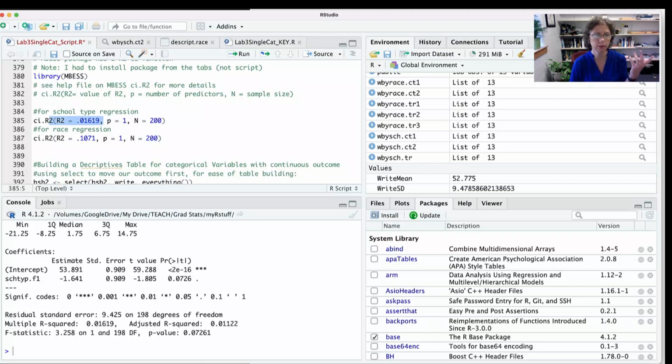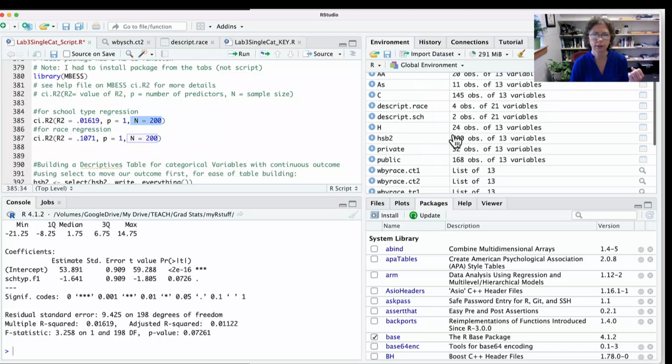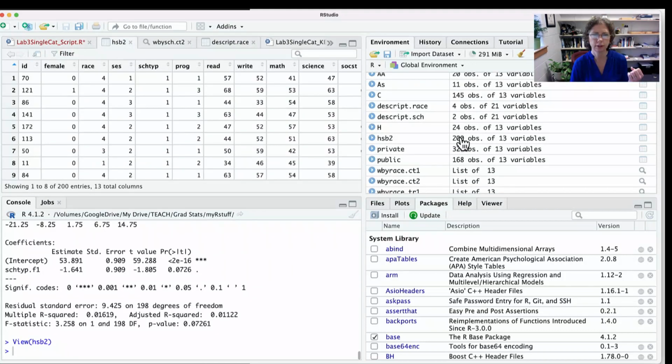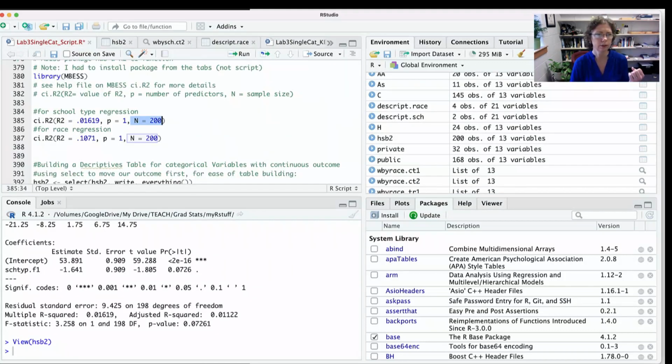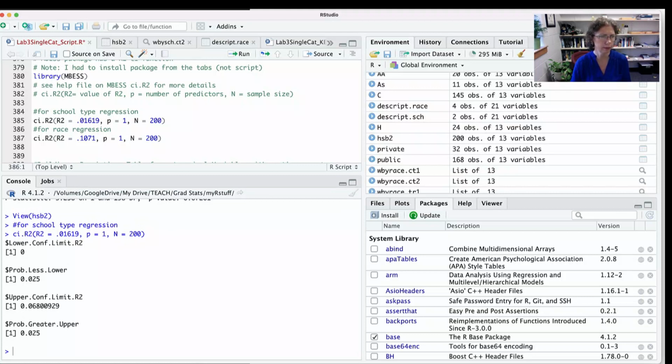The predictor is the categorical variable of school type. And my N was 200. Right there, 200 observations, right? So you fill in the information, and then you have your confidence intervals for R squared.